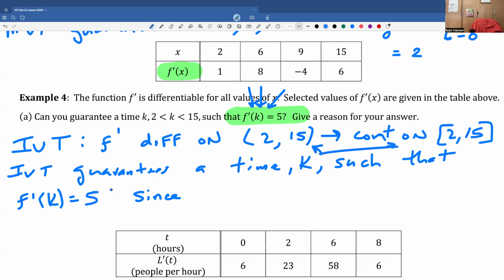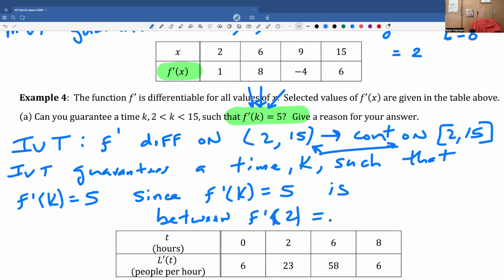Such that f prime of K equals 5 since, the redundancy does frustrate me, 5 is between what? f prime of 2 equals 1 and f prime of 15 equals 6, which implies that 5 falls between 1 and 6, right?